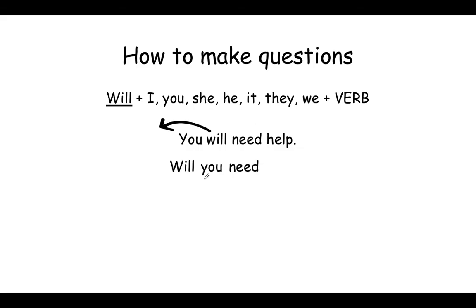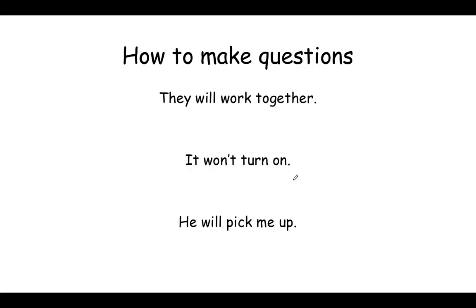Will you need help? And that's how we turn it into a question. Really simple. So let's practice putting some questions together. They will work together. All we have to do is put will out here. Will they work together? That's how we make it a question.